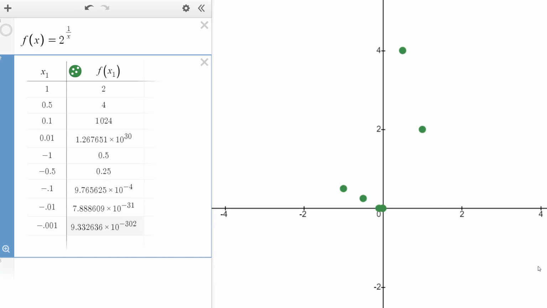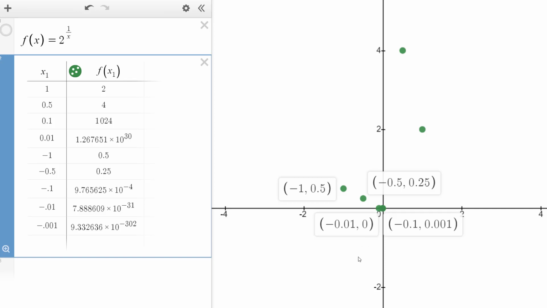That's 1 over 10 to a huge power, which is 1 over a huge number, and 1 over a huge number is really close to 0. So these outputs, as x gets close to 0 from the left-hand side, and you can see it over on our graph here, are getting close to a height of 0.